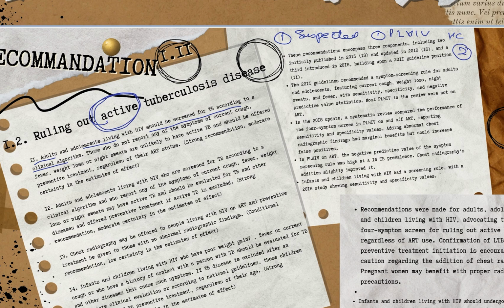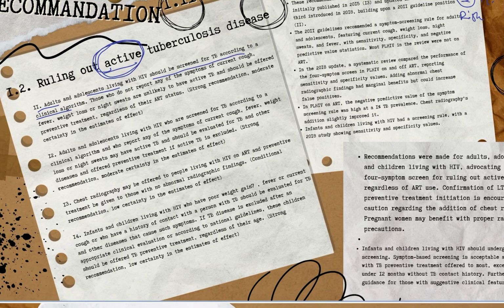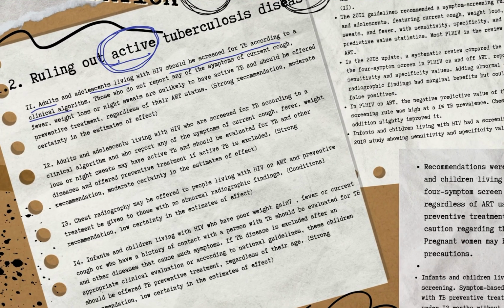Second, in high-risk groups, like a patient about to start anti-TNF therapy, dialysis, silicosis, or other priority risk groups. Once you have suspected it, the next step is to rule out active TB. Very important: adults and adolescents living with HIV should be screened for TB according to the clinical algorithm.